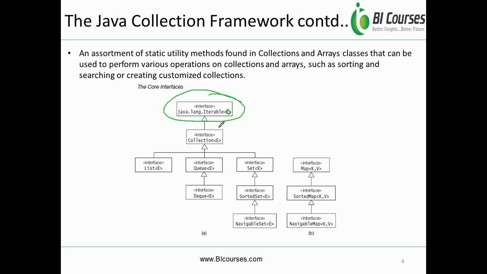Its subinterface is Collection, and List, Queue, Set, and Map are the various interfaces that extend the Collection interface. The Collection interface extends the Iterable interface. In Queue we have Deque, in Set we have SortedSet and NavigableSet, and in Map, SortedMap and NavigableMap. These are the core interfaces of this collection framework.